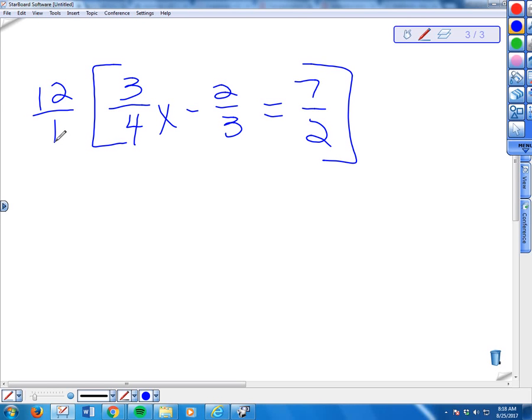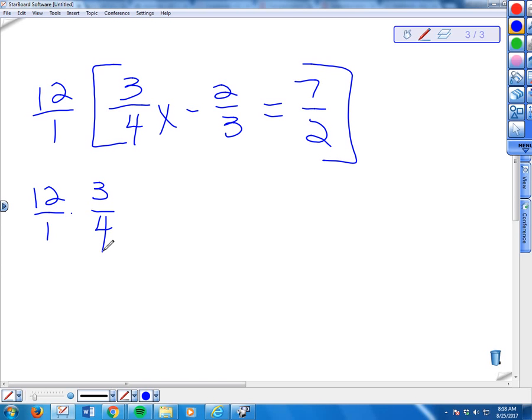Okay, so if I multiply 3/4 by 12, what do I get? What'd you say? 36, which is 9. Okay, to do this fraction multiplication, just a quick review. One way to do it is multiply the numerators across and the denominators across, right? I personally like to simplify first.